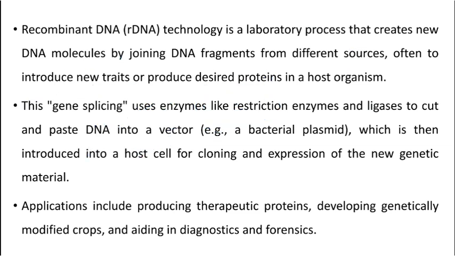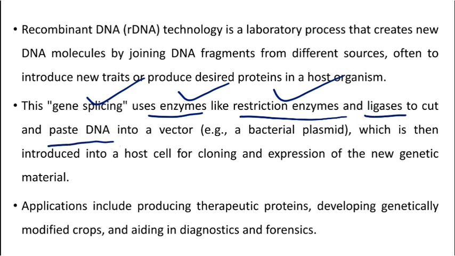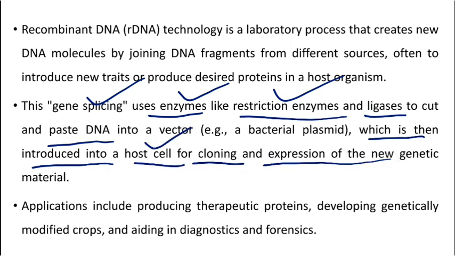Next is gene splicing. It uses enzymes like restriction enzyme and ligase to cut and paste DNA into a vector, which is then introduced into a host cell for cloning and expression of new genetic material. So at first, by using restriction enzyme, we have to cut our desired piece of gene.